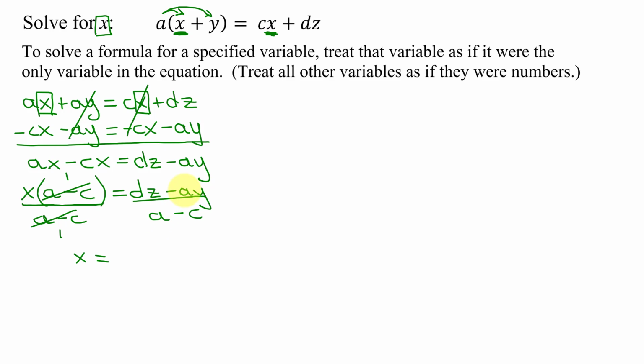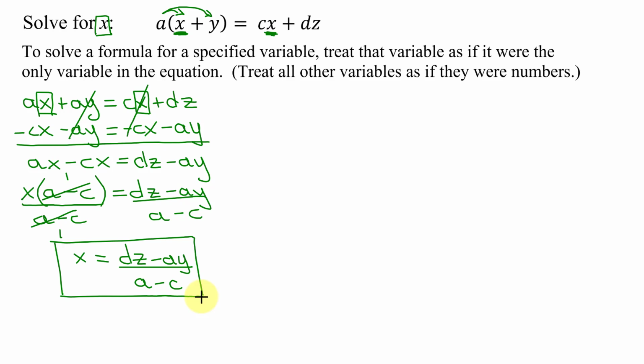You can only reduce factors that are common factors in the numerator and the denominator. So x is just dz minus ay over a minus c. And that is the answer to solving this literal equation for x.